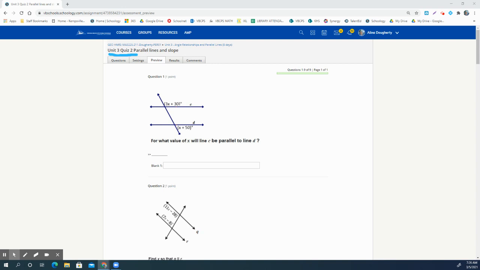Ooh, let's change the settings. Wow, it's taking a long time to load.